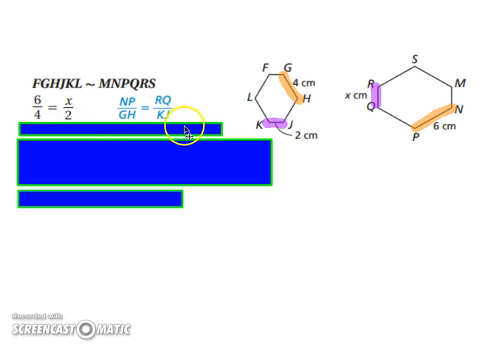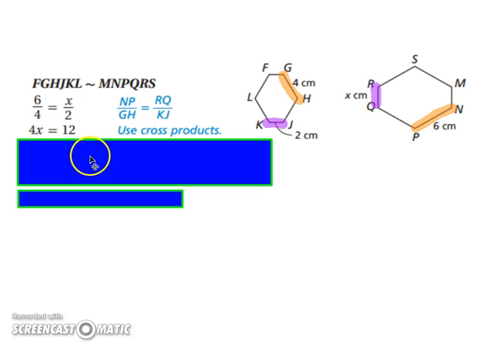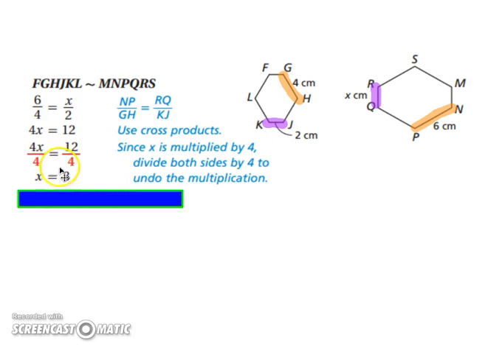Now let's cross multiply. So we have 4 times x and 6 times 2, which gives us 4x equals 12. We divide both sides by 4 to get x by itself, so it's a one-step equation. We end up with x equals 3.